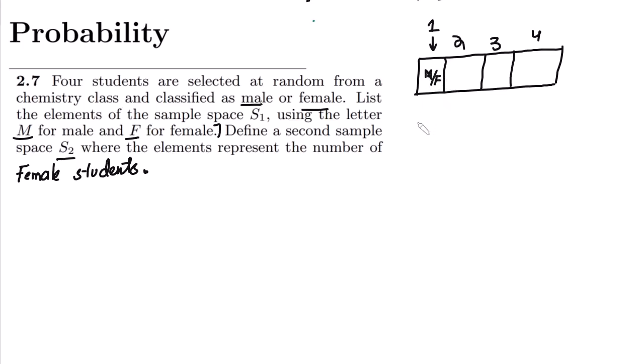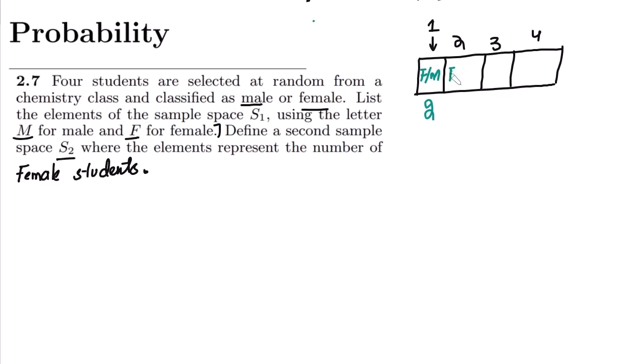Let me write it with another color. Either I will have female or male here, so I have 2 choices. Similarly, in the second slot, how many choices would I have? Replication is allowed because I can also have a male or female student, and that is also random sampling.